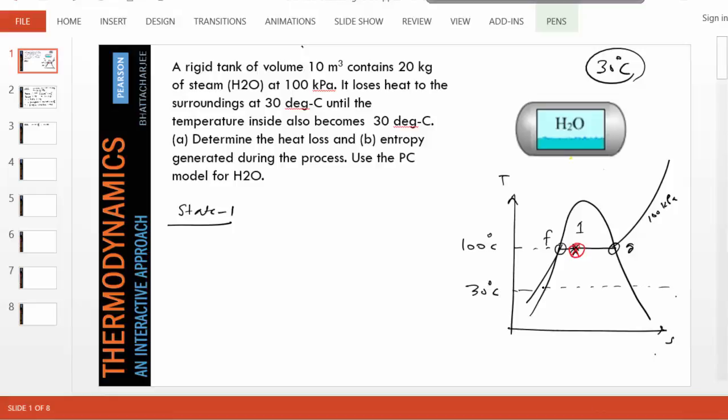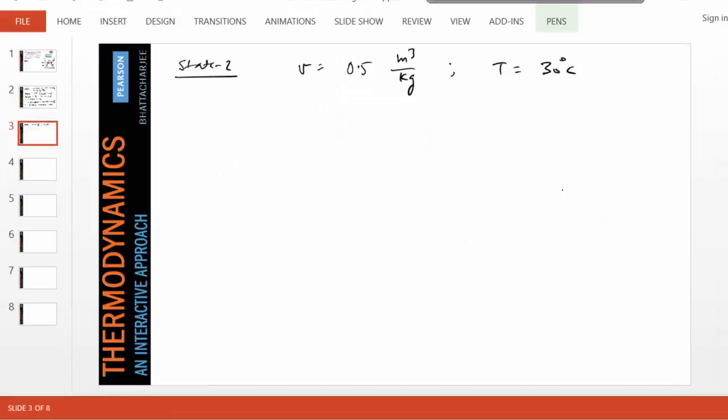To find the state, we know the specific volume. Again, we'll find the f and g states, but this time they are not at 100 kPa but at 30 degrees Celsius. To find Vf and Vg at 30 degrees Celsius, we go to the temperature saturation table and pick these numbers up. Vf is practically 0.001, and Vg is about 32.9.